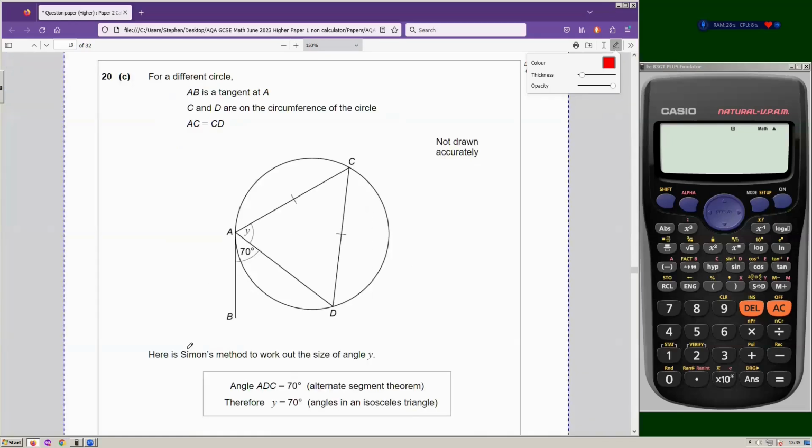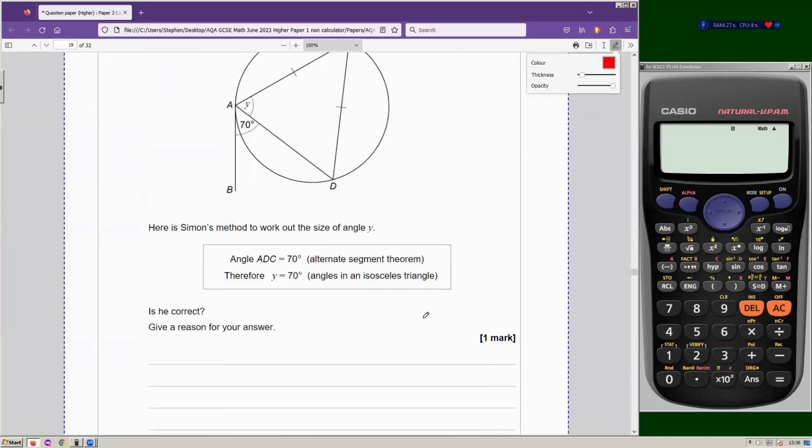Here is Simon's method to work out the size of angle Y. Angle ADC equals 70 degrees, alternate segment theorem. Therefore, Y equals 70 degrees, angle in an isosceles triangle.